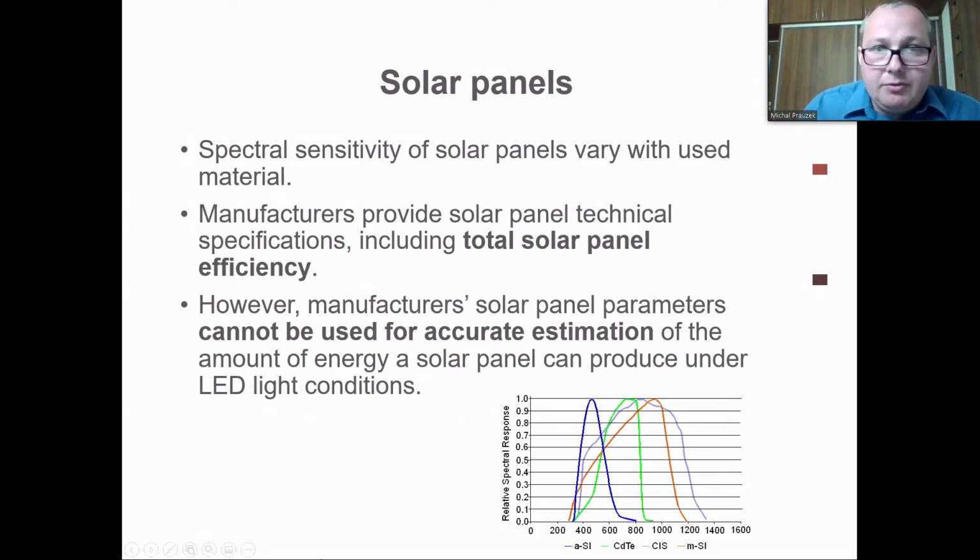So where is the problem? The problem is the manufacturers of the solar panels give something like the total solar panel efficiency, which means the efficiency under the sun illumination. So it's not appropriate for our case. For that reason, we want to estimate the precise efficiency for different wavelengths.